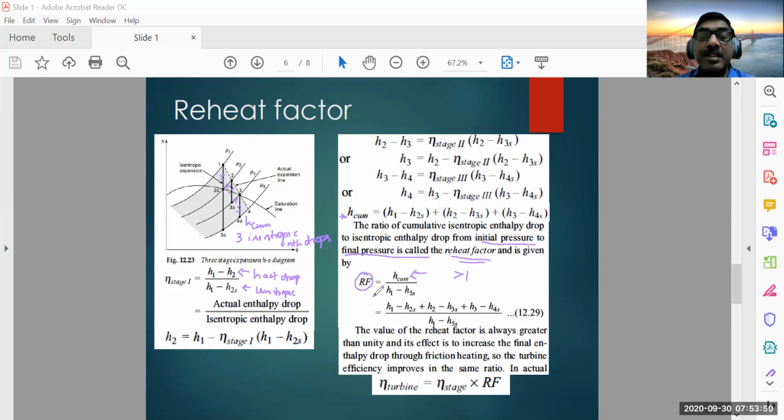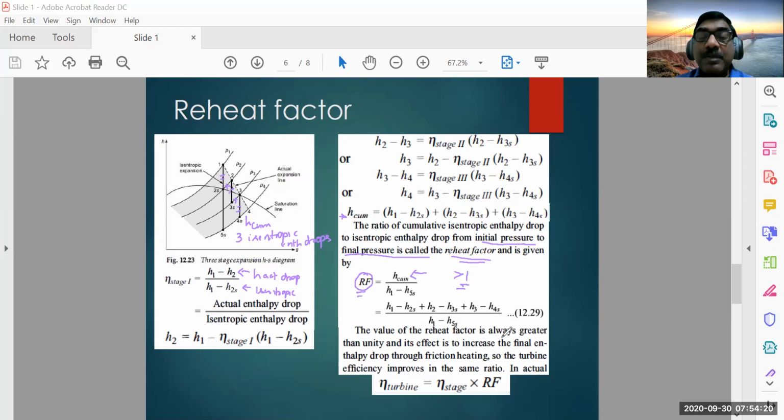If you are expanding in a single stage, whatever isentropic enthalpy drop is there, that is less than the cumulative enthalpy drop of individual stages. So the isentropic enthalpy drop is getting increased because of multiple stages. So this is called the reheat factor. So it is more than 1. Reheat factor is greater than 1.